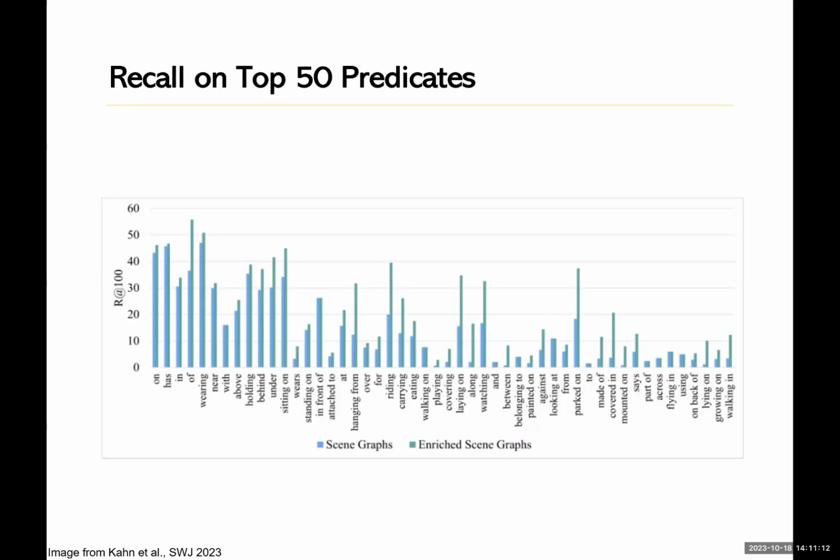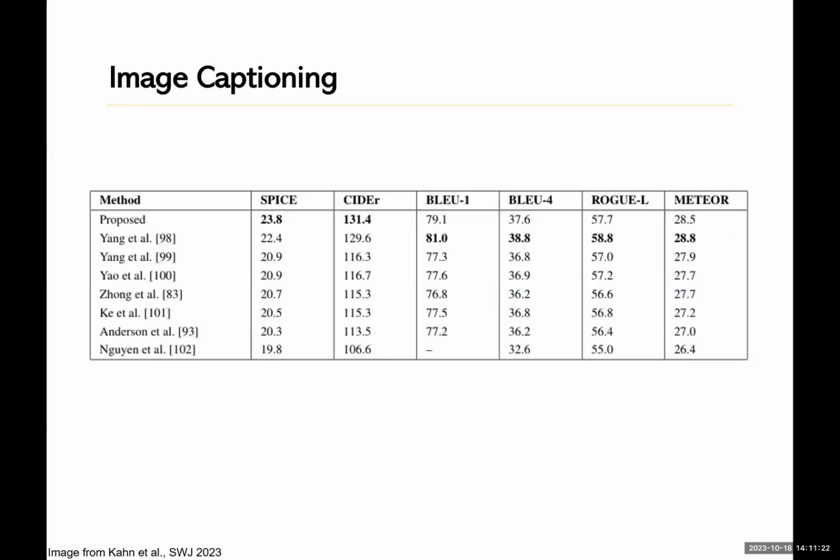So we can tell this by visually looking at it, but I think it will also be good to quantify this a little better in the results. So then looking at downstream tasks on image captioning, they're either exceeding or right in line with the state of the art.